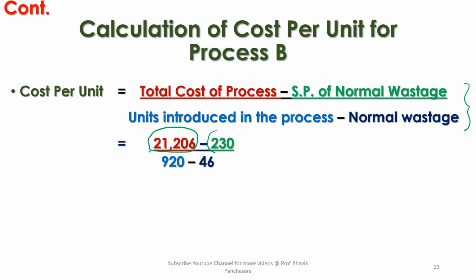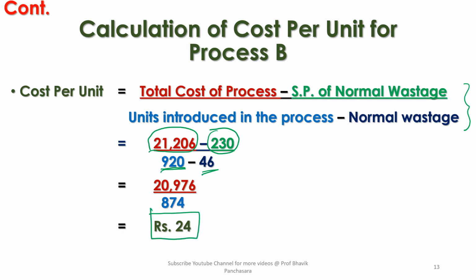From that we will deduct the amount of selling price of normal wastage, upon 920 units introduced minus 46 units of normal wastage. Now if we simplify this formula, the final answer is rupees 24. So we can say here that cost per unit for process B is 24 rupees.